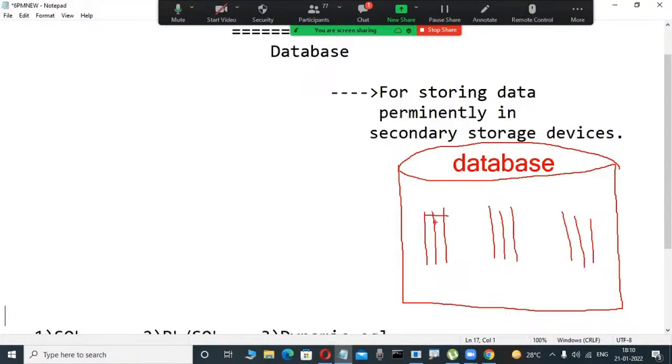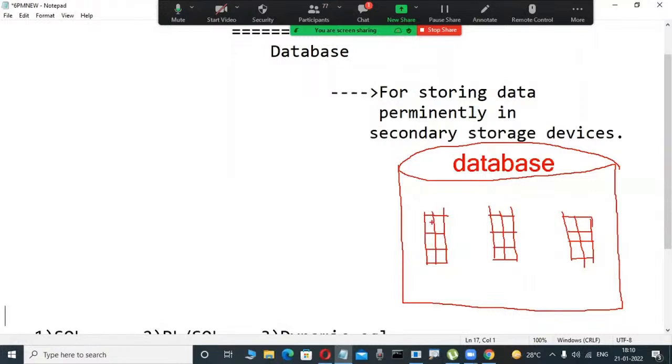Actually, E.F. Codd introduced this relational data model concept. Based on that, these types of databases are implemented in different companies. E.F. Codd is a mathematician working at IBM. That's why he decided to represent the data in the format of a matrix.